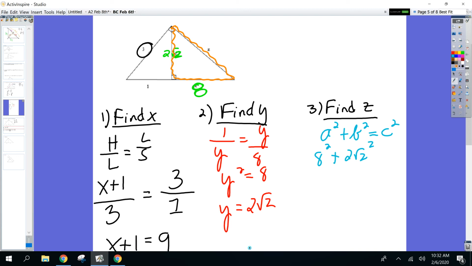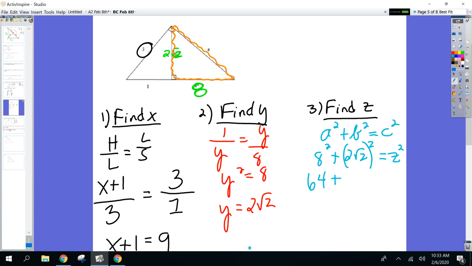You got to square the whole side. So in your calculator and on your paper, you got to put the parentheses around it. Because if you don't, your calculator is going to say, they just want me to square radical 2. I do not. Equal to Z squared. So we get 64.